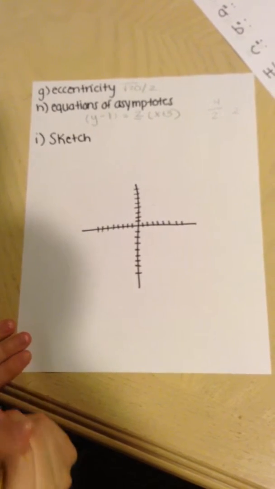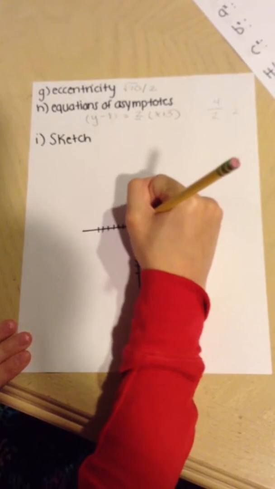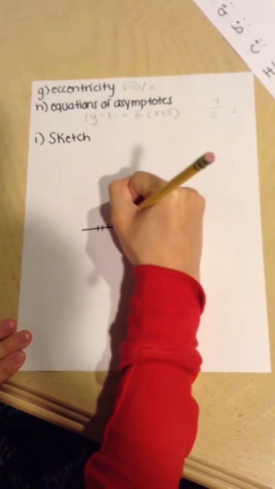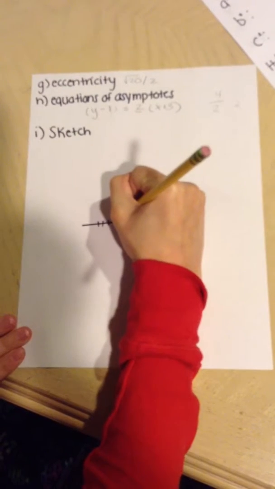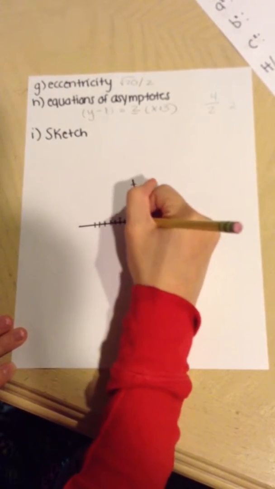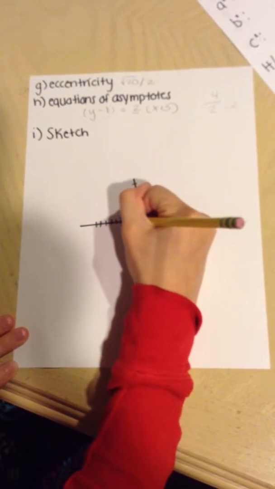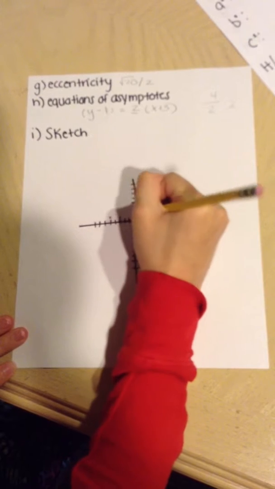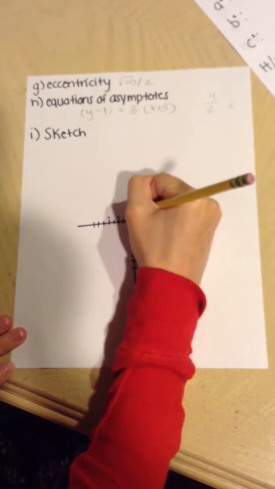Now for the sketch, we plot the center, which is at negative 3, 1. And now we plot the vertices, which are at negative 5, 1, and negative 1, 1.